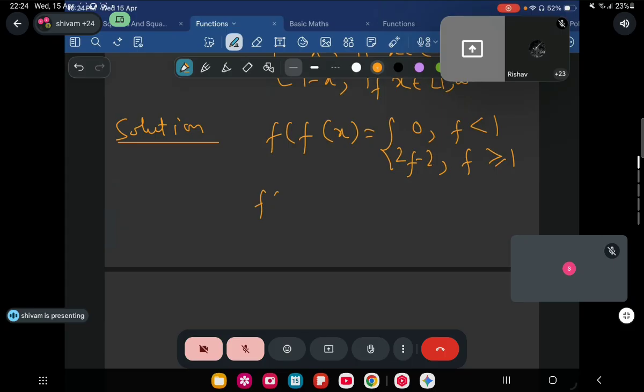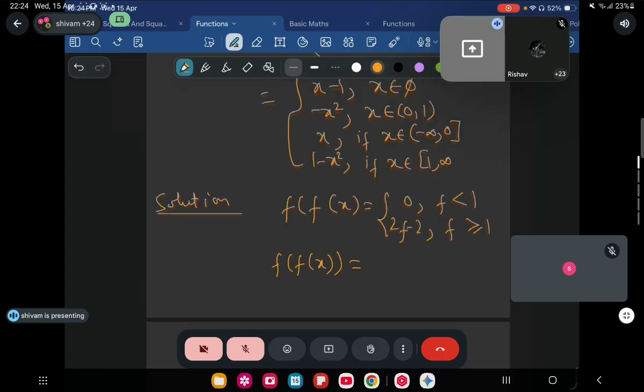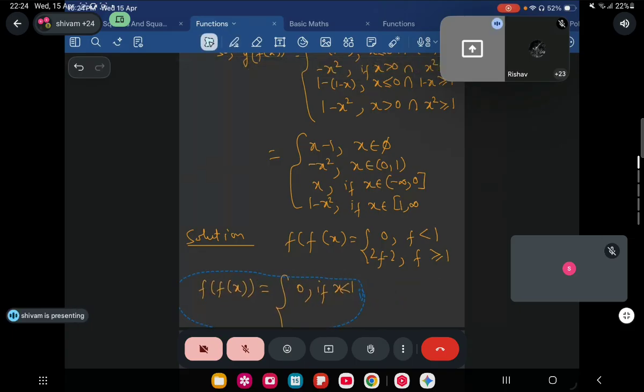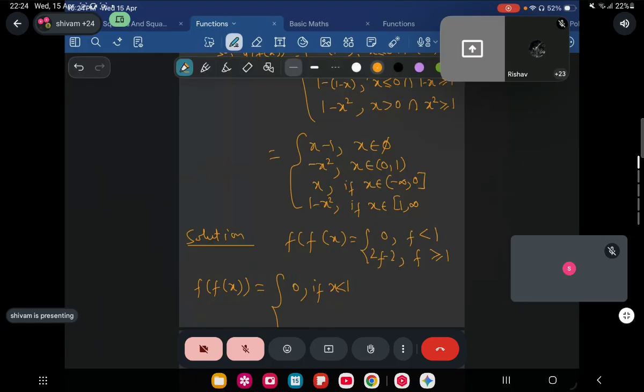So f of f of x will be equal to, there are two branches. One, it will be 0 if x is less than 1, intersection f of x is also less than 1.